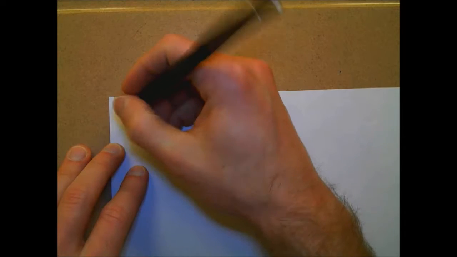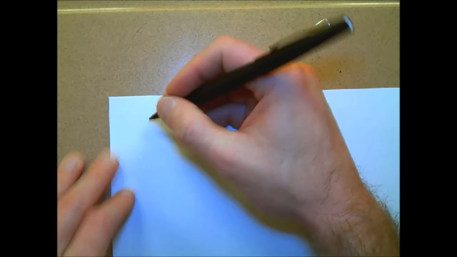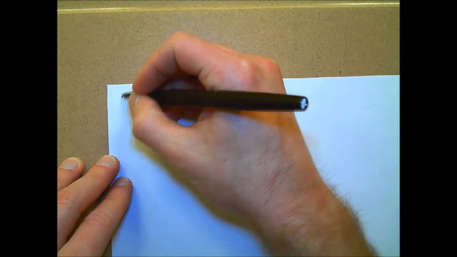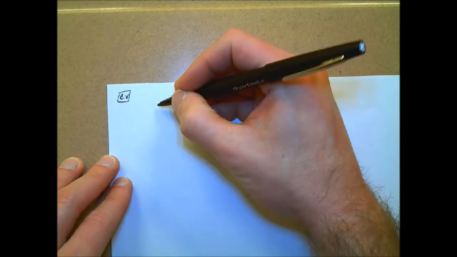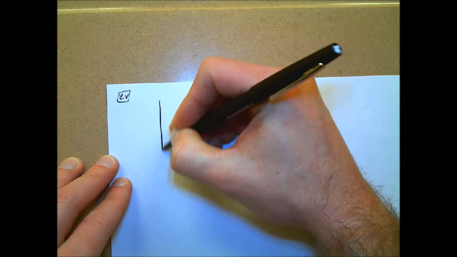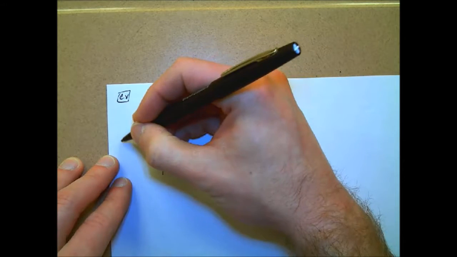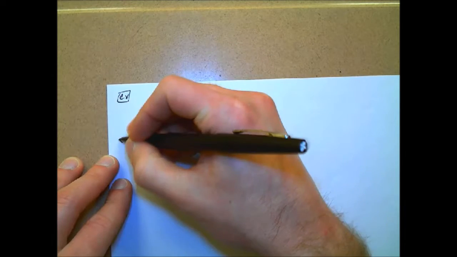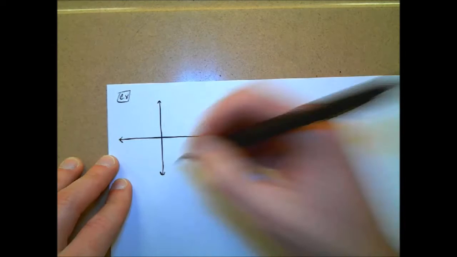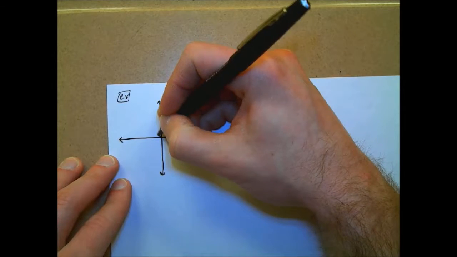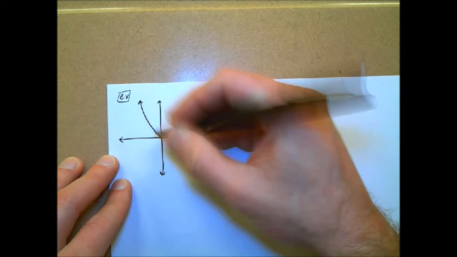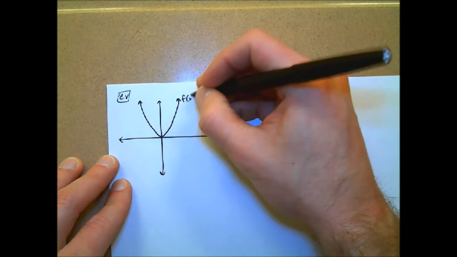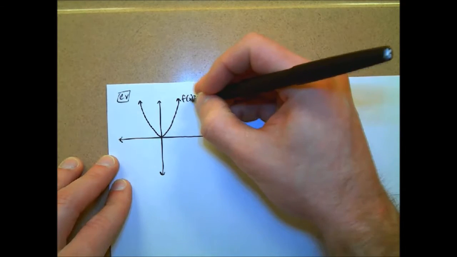So, let's take a look here at a function. Let's just analyze this thing here. I'll go back to our old friend, f of x equals x squared.